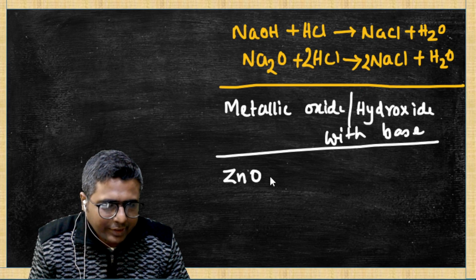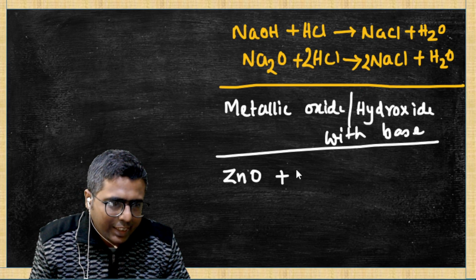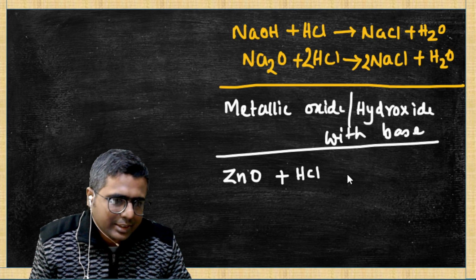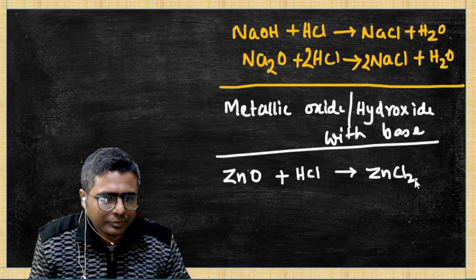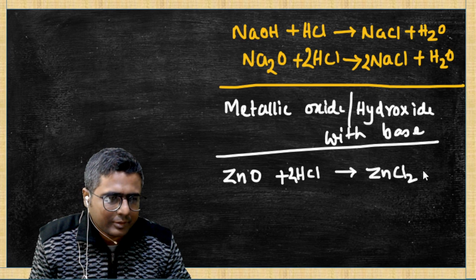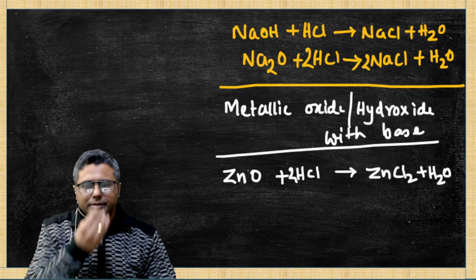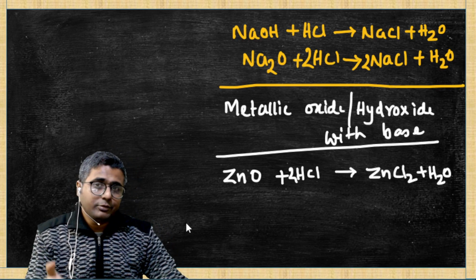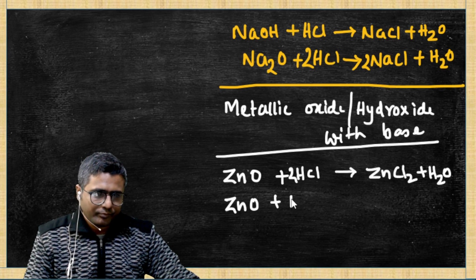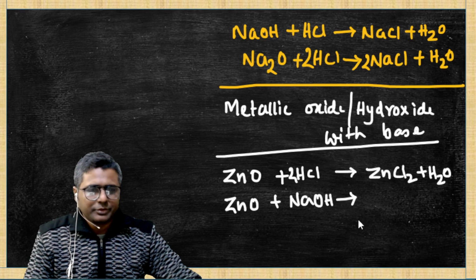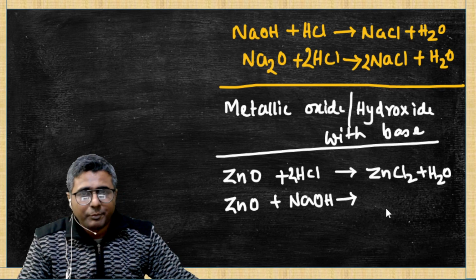Zinc oxide, if you react with HCl, is going to give you ZnCl2 plus water. But this zinc oxide, if you react it with NaOH, is going to give you again salt plus water.